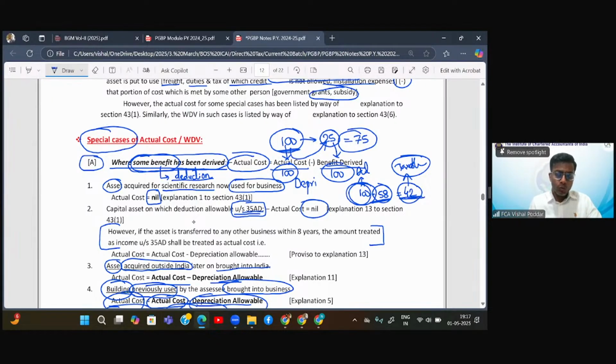So this 42, which has become taxable in 35AD business, this 42 will become cost in my regular business. See this point. However, if the asset is transferred to any other business within 8 years, the amount which is treated as income under 35AD will be treated as cost here.